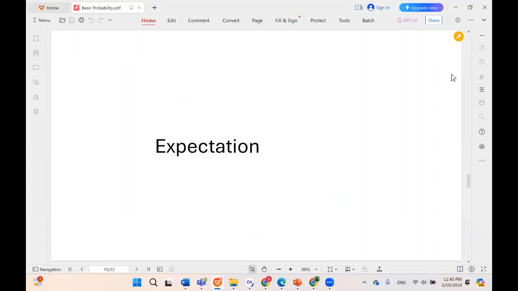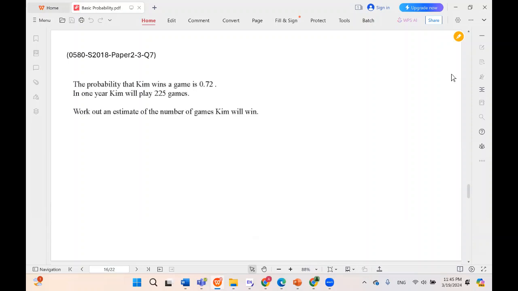Now we move on to expectations. The probability that Kim wins a game is 0.72. In 1 year, Kim will play 225 games. Work out an estimate of the number of games Kim will win. Of course, you just need to understand that an expectation is the probability times the number of events occurring.